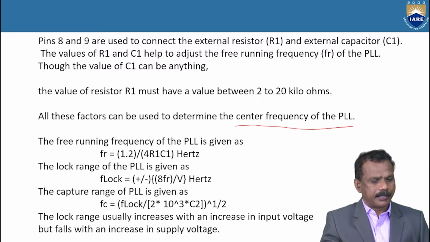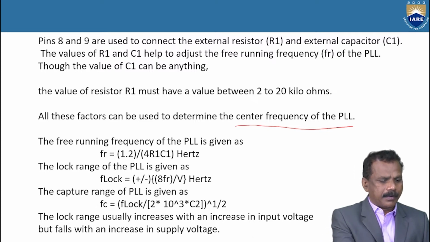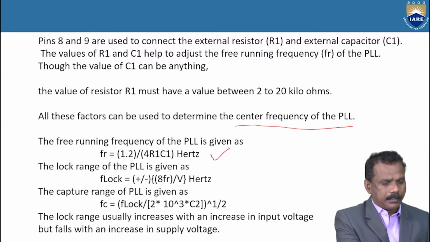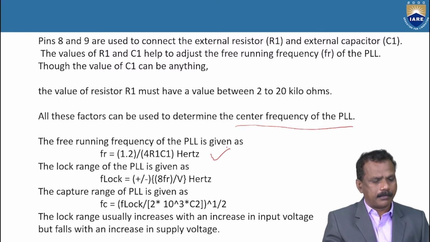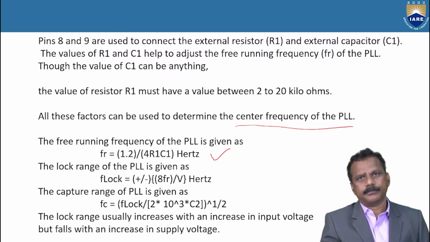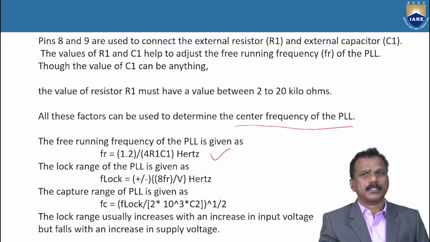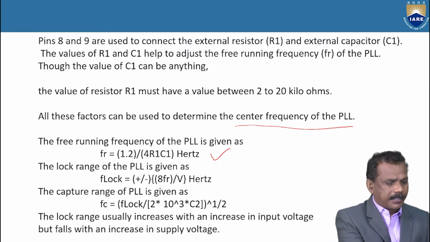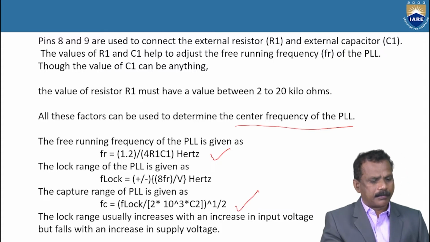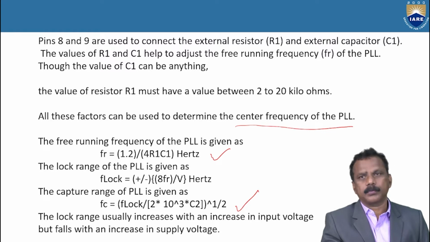The free running frequency of the PLL is given as FR is equal to 1.2 by 4 R1 C1. The lock range of the PLL is given as F lock, where F lock is equal to plus or minus 8 FR by V. The capture range of the PLL is given as FC, where FC is equal to F lock by 2 into 3 into C2 into 1 by 2.